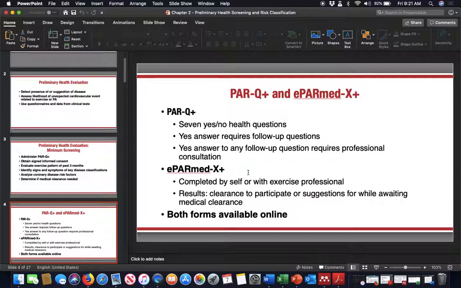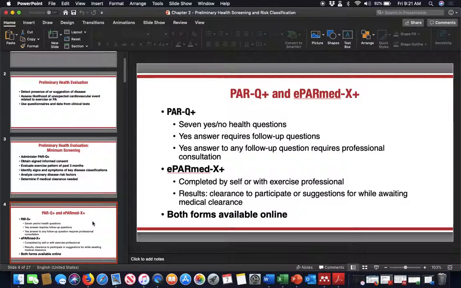Whether it be their primary care physician, a cardiologist, a neurologist, any sort of doctor, or physical therapy, but I would say more medical doctor based. Okay, so those are the two that you can use there.